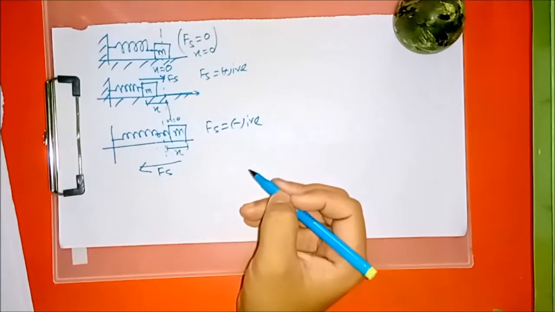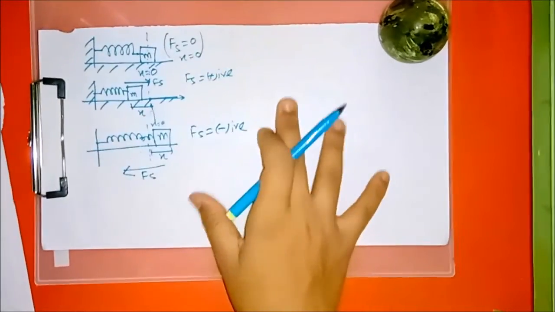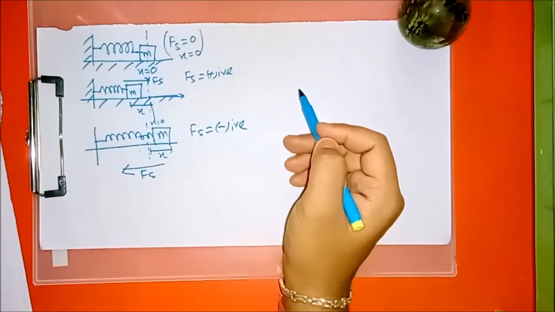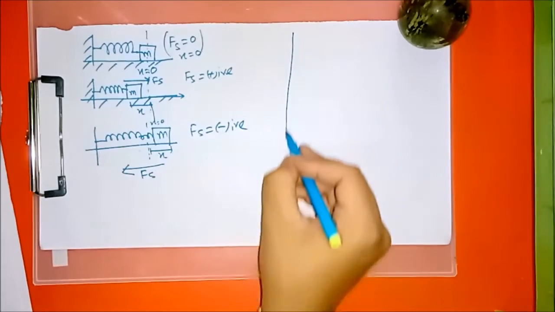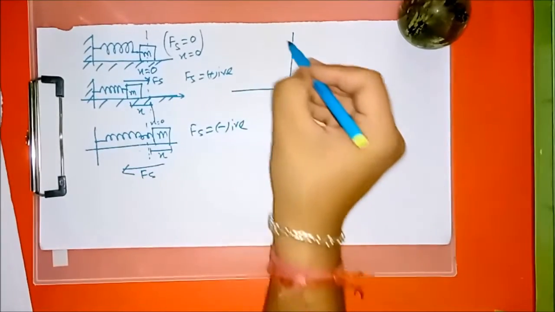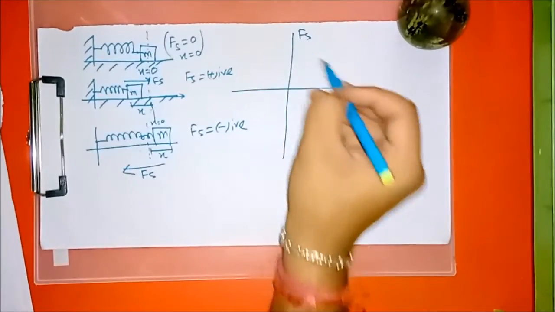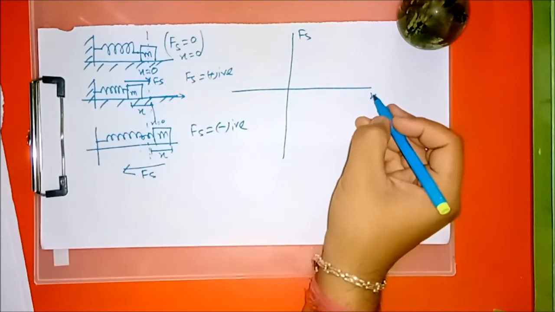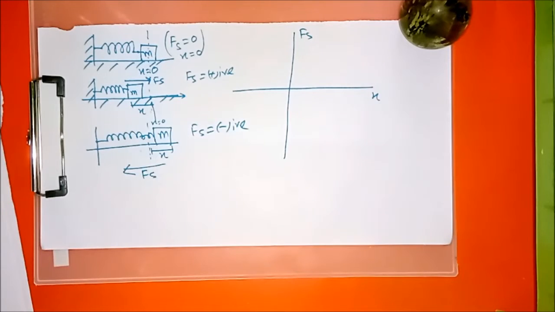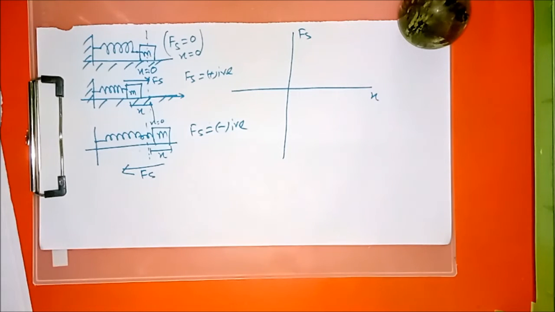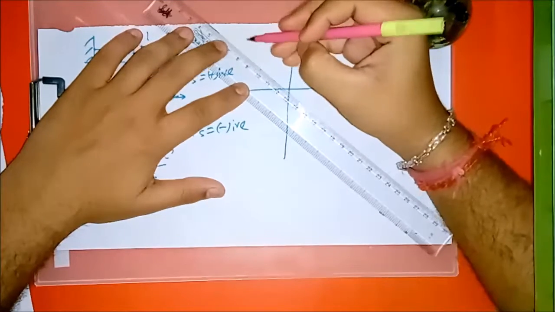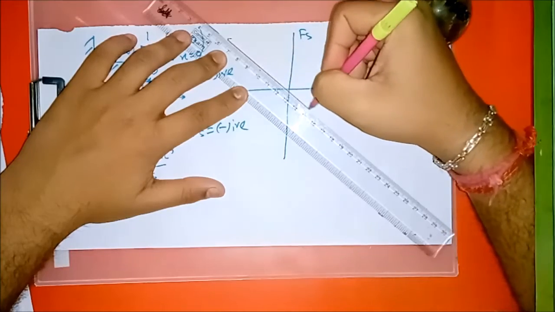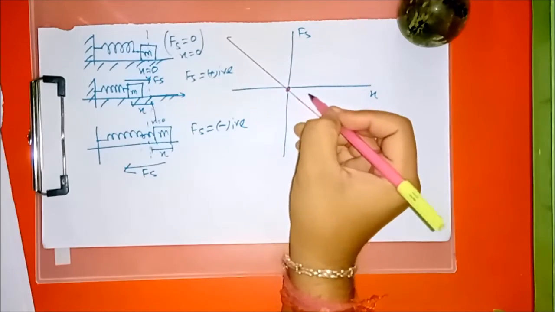So if we plot the variation of spring force and the displacement something like this, that is the force Fs and x, what we are getting is that the force and displacement is not always positive. Sometimes it is negative too, passing through the origin.